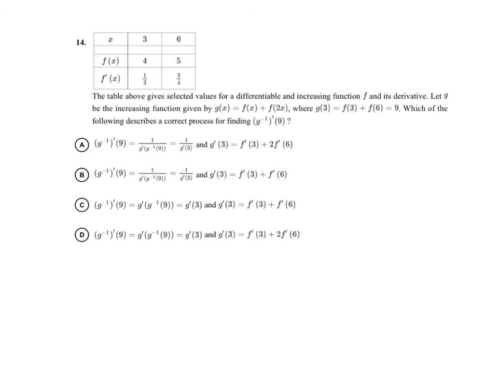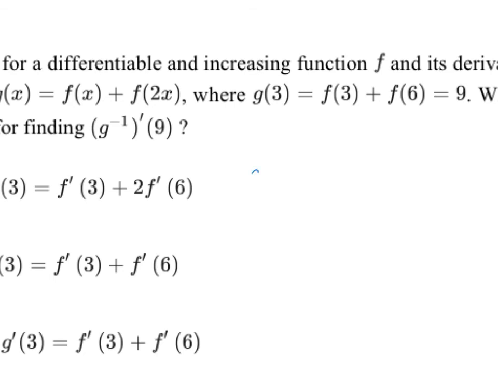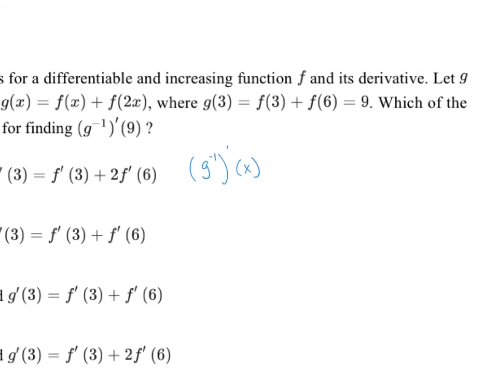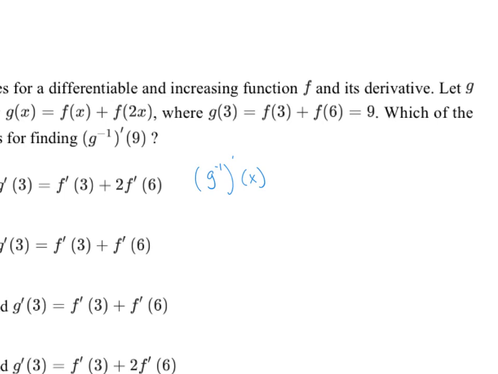Okay, so first I think is using the formula. So the inverse of g, if we take the derivative at x, just using the formula for now, is 1 all over g prime at some y value.